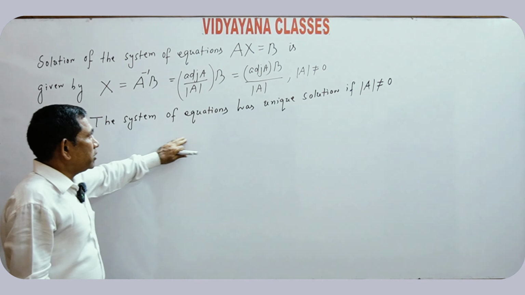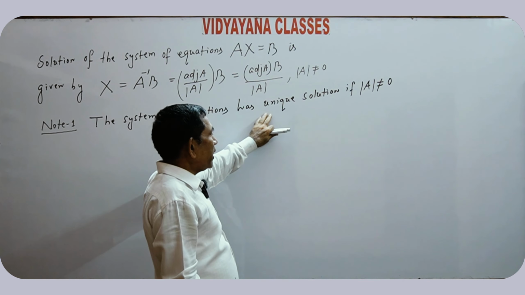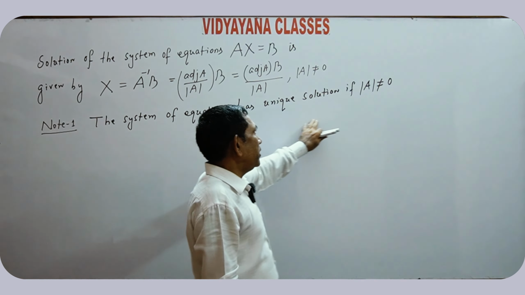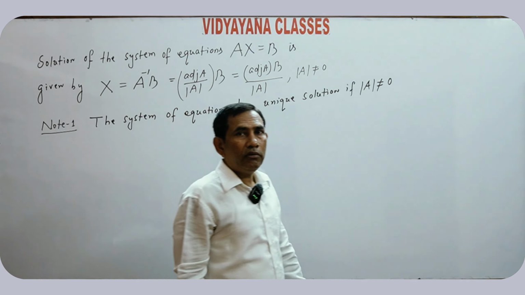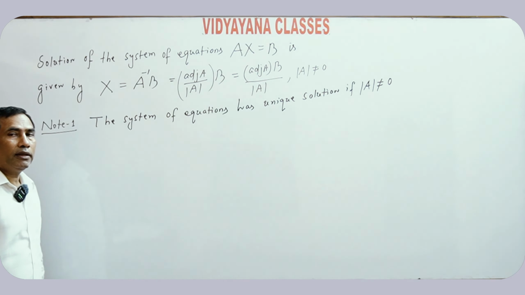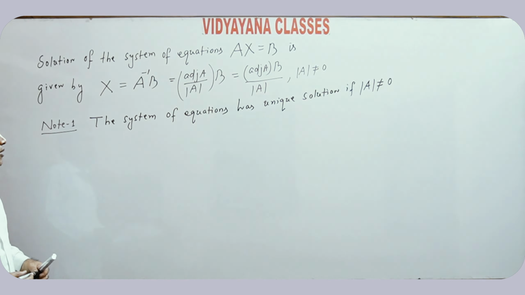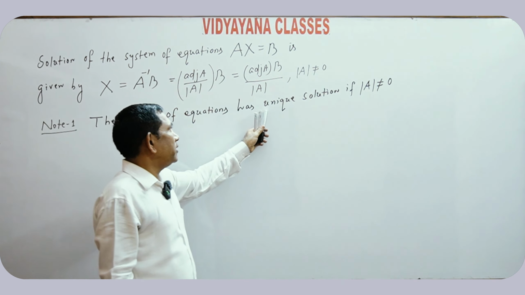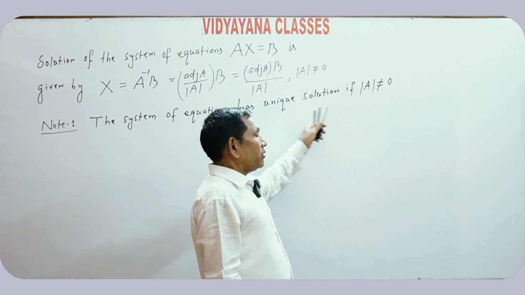The system of equations has one and only one solution, that means a unique solution, if A determinant is not equal to 0. That means A is non-singular. If A is non-singular, then the system of equations has one and only one, that is a unique solution.